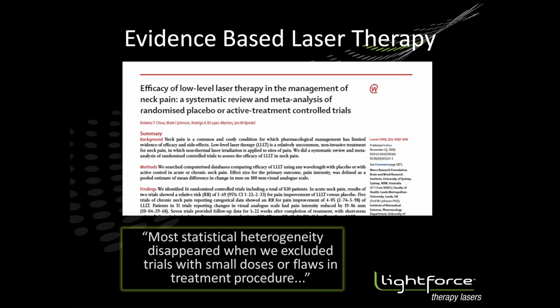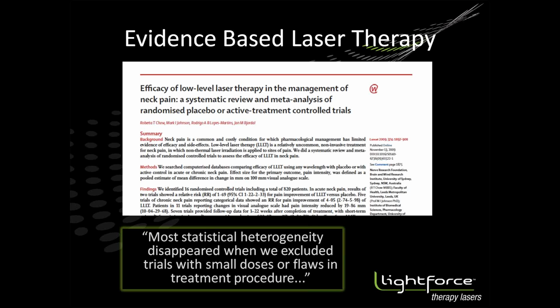It's a large meta-analysis. She looked at, I believe, 16 or 18 randomized studies. I can't read the small print there, but she found that laser therapy had immediate benefit and had benefit out to 28 weeks in neck pain.